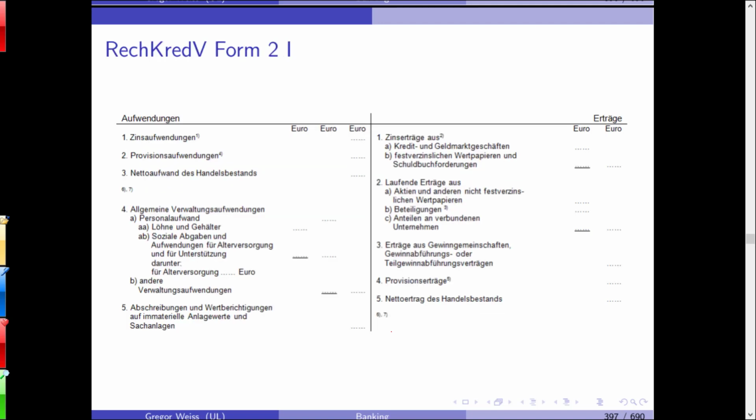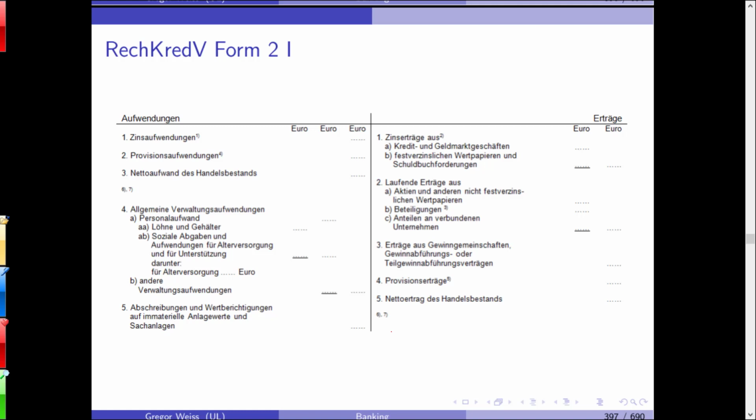Okay. Now this is what it looks like under the German Commercial Code and the Verordnung zur Rechnungslegung der Kreditinstitute. You will see on the left-hand side interest expenses, provision expenses, that is non-interest expenses. And then at some point under 4, for example, you see personnel, and you will have write-offs and corrections of the value of certain positions on the asset side.